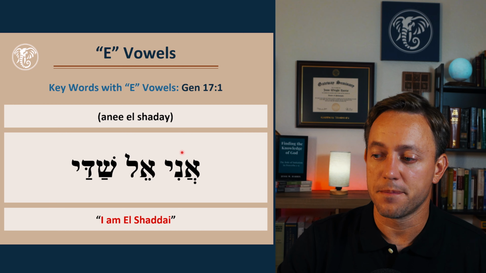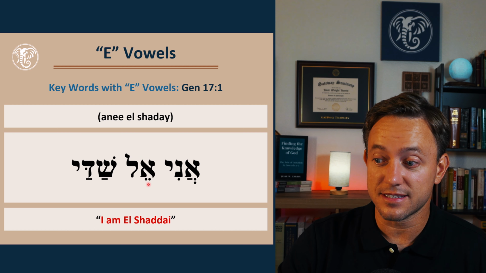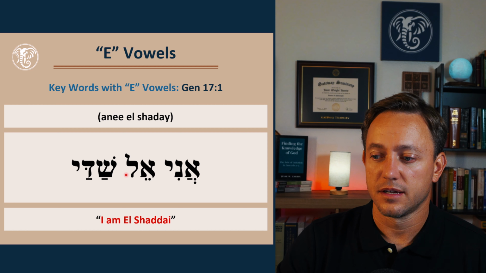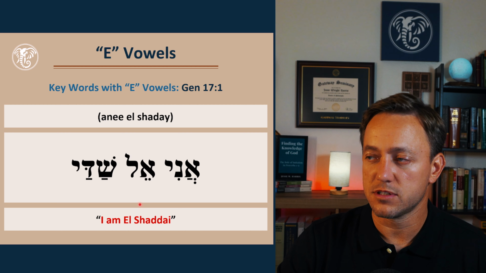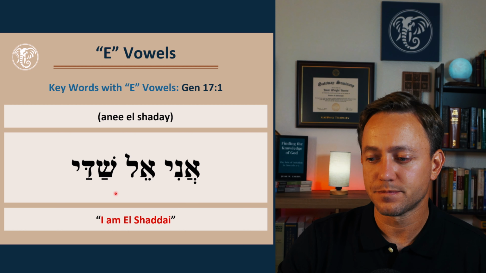Then we have El, which is that form for God, right? And there's nothing added to it on the end, so it's just the word El with a sere. So that means it should be the word for God. And then Shaddai. Shaddai is the word that's sometimes translated as mighty or almighty.